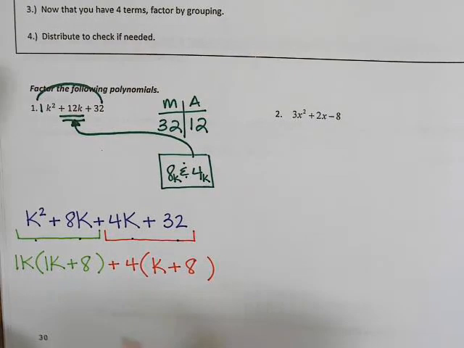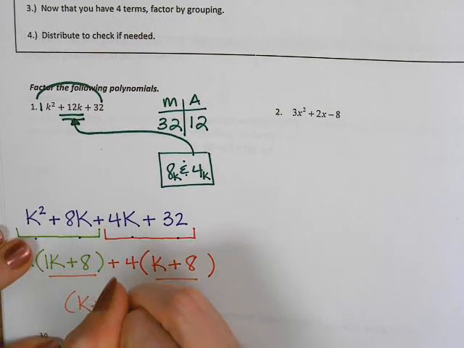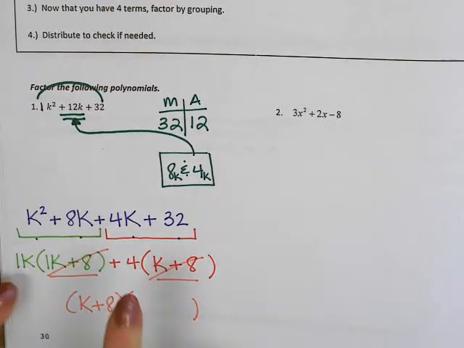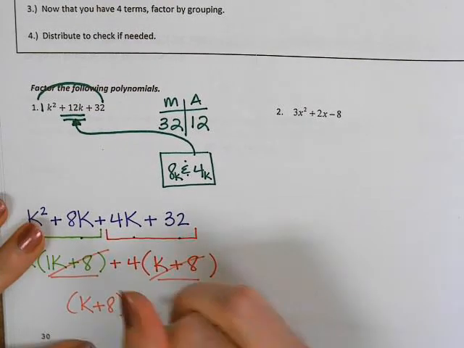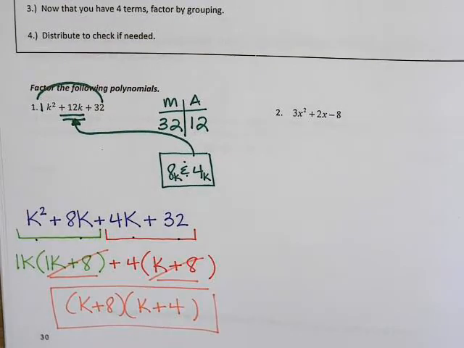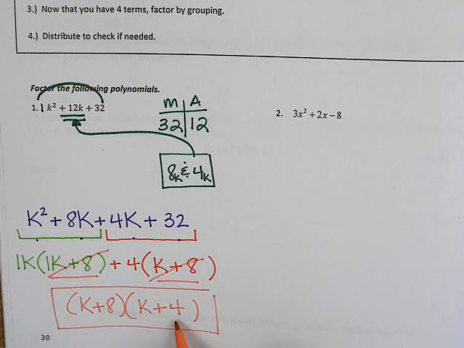Remember, these should be the same, and you take that out. The second parenthesis is the stuff that was left over, 1k plus 4. This would be the same answer that you would have got with yesterday's lesson, but it's a more structured way if you needed it.